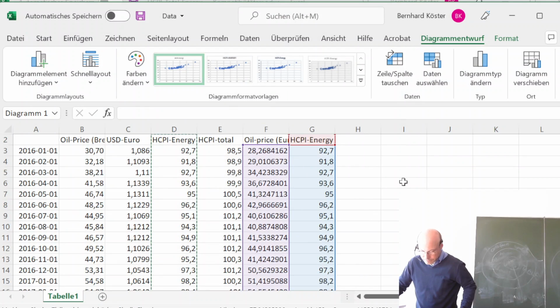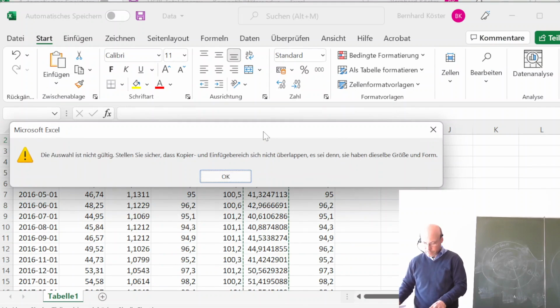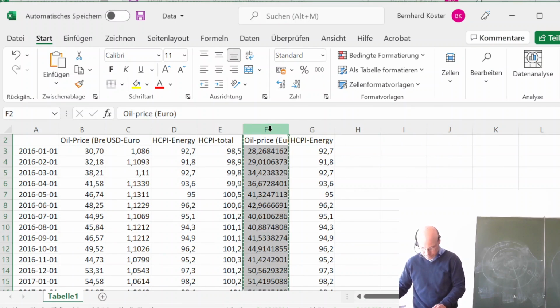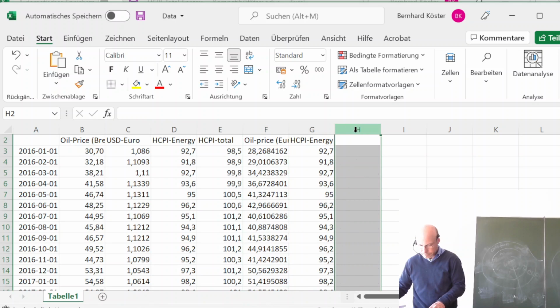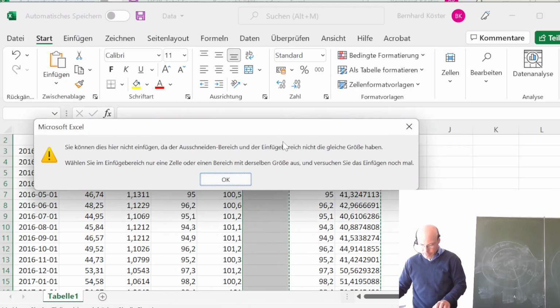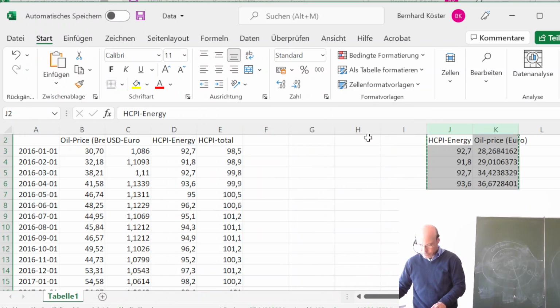Then let's just move this here. Because then we are a bit faster in showing the diagram.